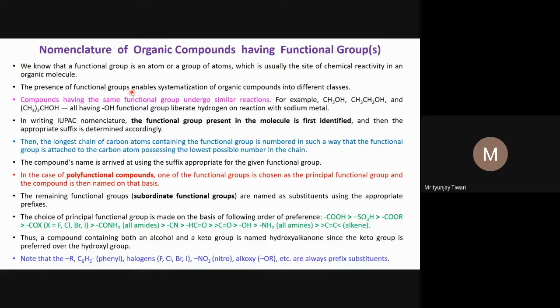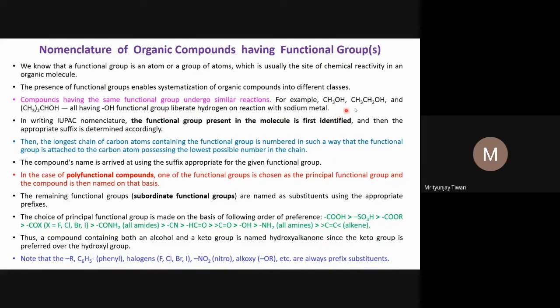And what does it mean, the same reactivity pattern? Suppose you have CH3OH, CH3CH2OH, and (CH3)2CHOH. The number of carbon atoms and their structures are different. Although their structures are different, they give similar reactivity: when they react with sodium metal, they liberate hydrogen.